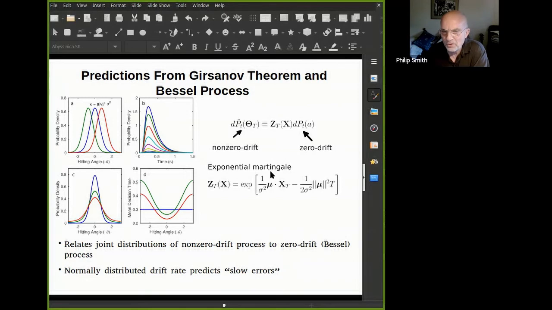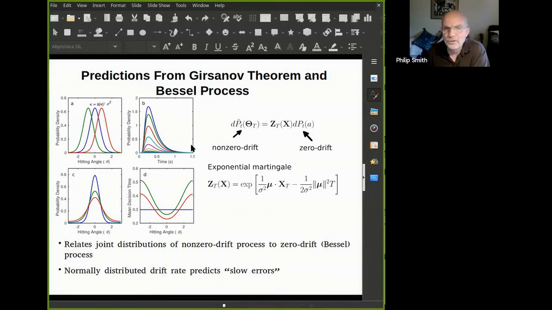So this term on the left-hand side is just the dot product of the drift rate vector with the coordinates of the point at which the process hits, or exits, the criterion circle.